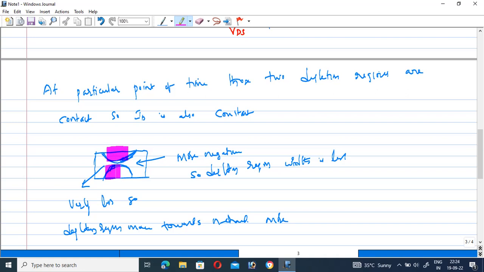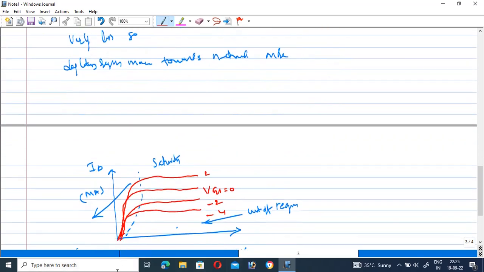After that, the ID current stays constant. So in the saturation region, it maintains a constant curve. This is the reason.